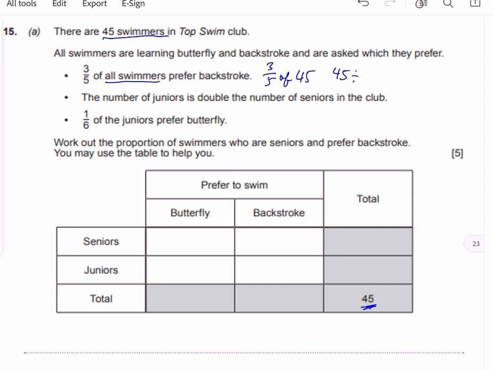We divide 45 by 5 and multiply by 3. That gives you 9, and 9 times 3 gives you 27. So 27 swimmers prefer backstroke. That goes in here, 27.